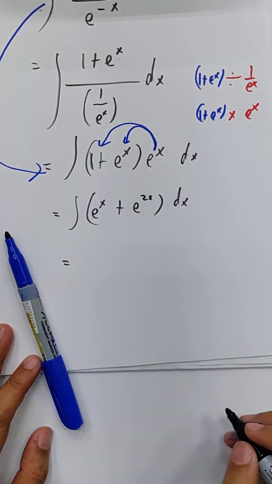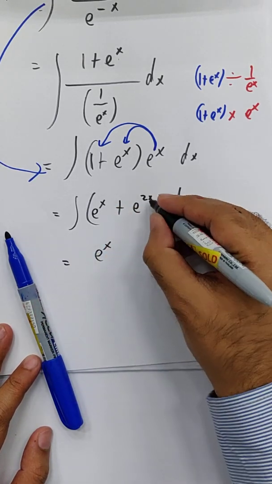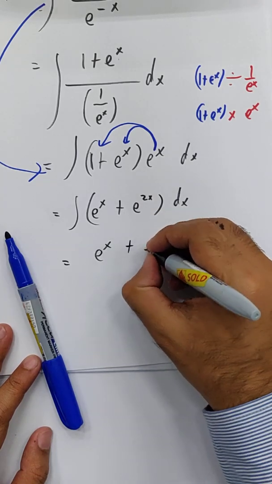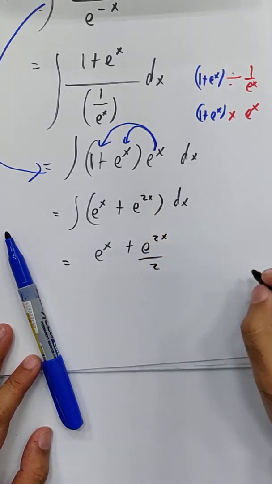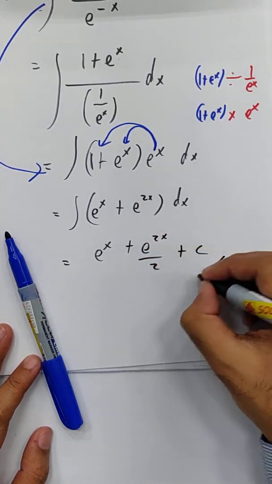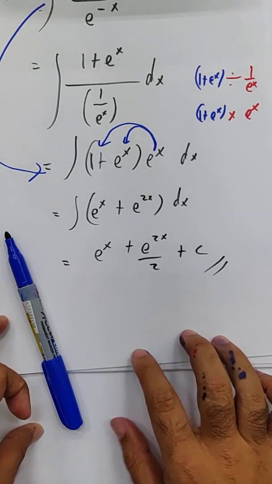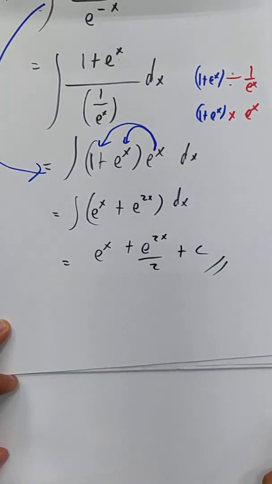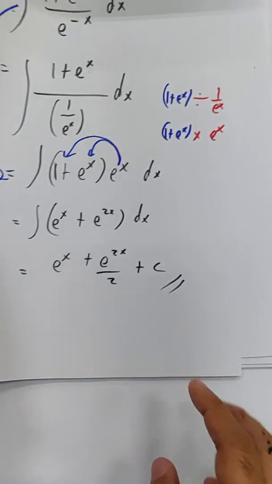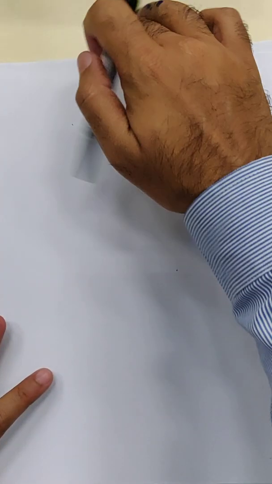Integrate straight away, integrate e to x. Yes, integrate e to x. e to x over 2 plus c. Okay? You guys okay? We're almost done.